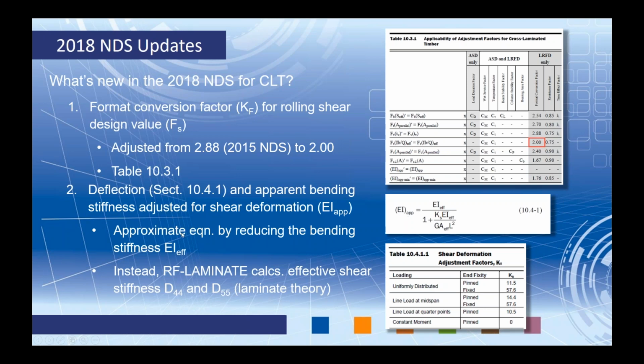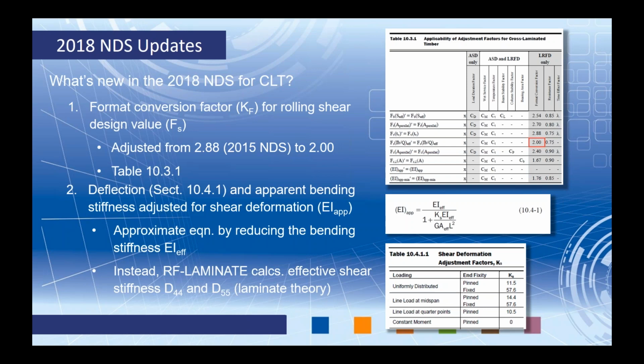And this is pretty much an approximate equation, and it's done by reducing the bending stiffness EI with a shear deformation adjustment factor K sub S. So we can see all of that here. So this equation was slightly modified, and it matches up a little bit more closely to the CLT handbook, but that's really the only second change.